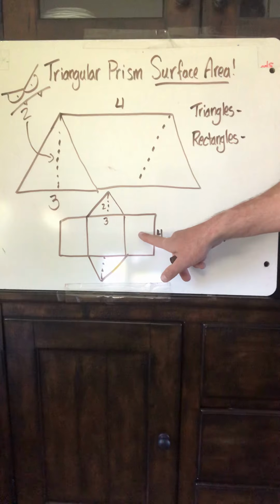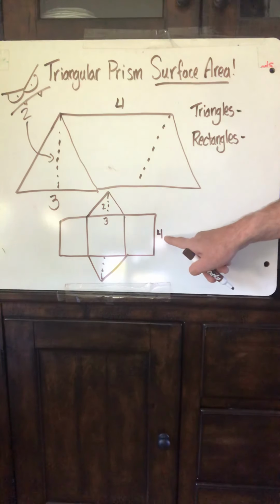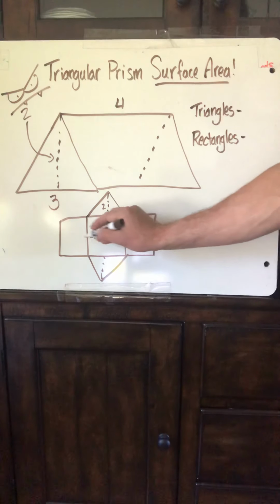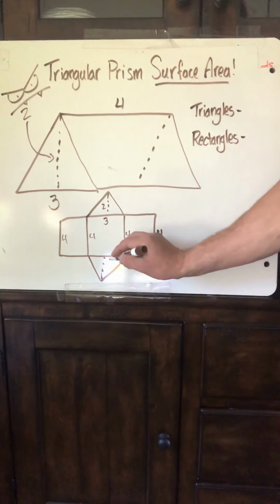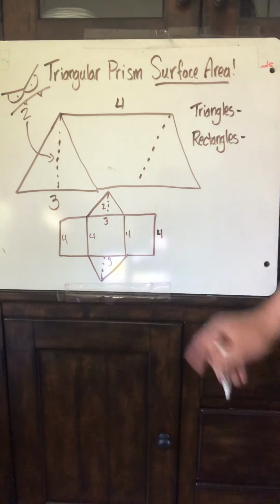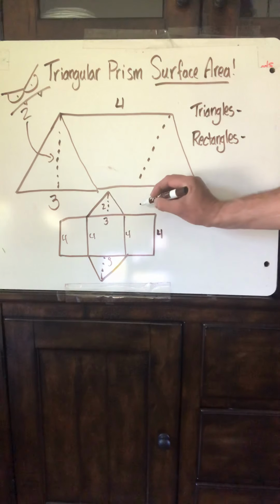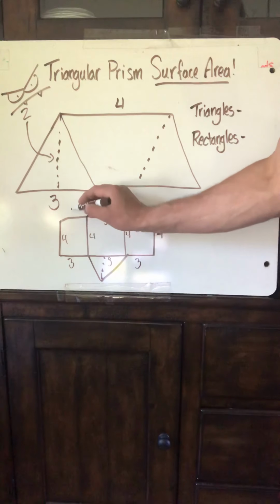So let's look at how to label this. Well, just like we were doing with others, if this is 4, then this is 4, and this is 4, and this is 4. If this is 3, then this is 3. Well, guess what? If this folds to this, and this folds to this, then this is 3, and this is 3, and this is 3, and this is 3.